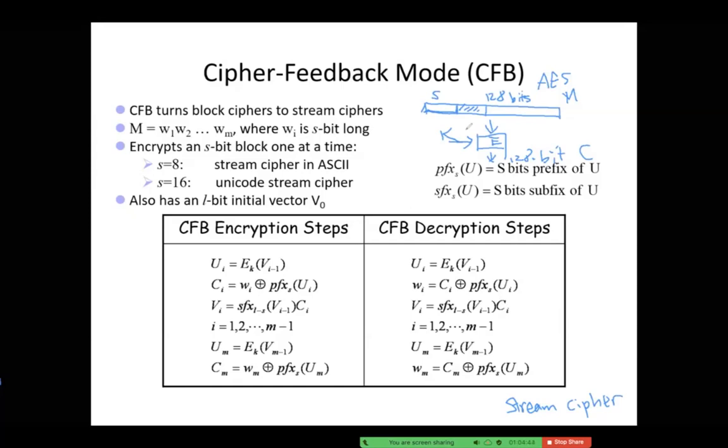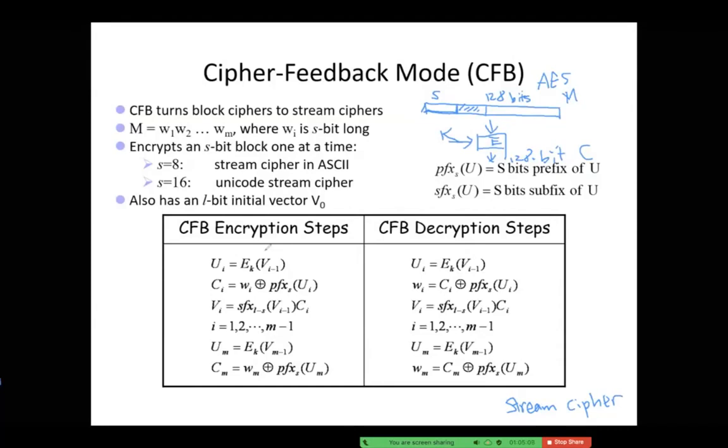In a CBC-like mode, cipher block chaining mode, for each substring, we also use the initial vector V0 because we're using CBC.